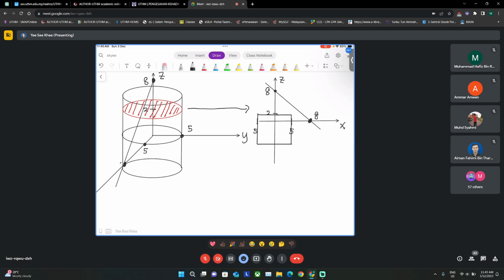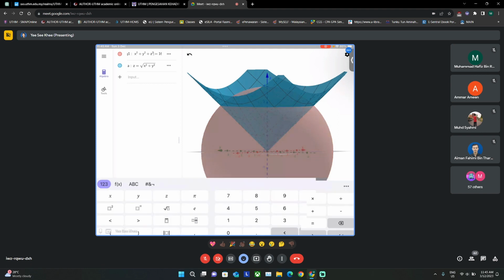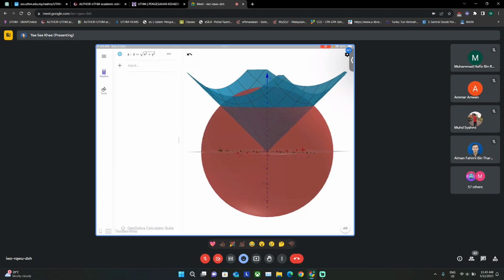So you slice it between the plane z equals 2 and also x plus z equals 8. Can you imagine this one? Or you want to use GeoGebra? You use GeoGebra.